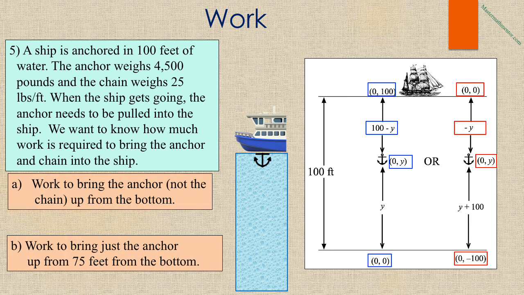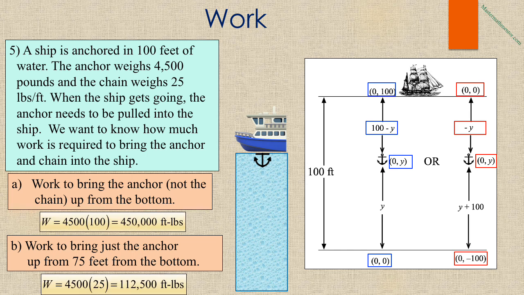Regardless of how we set it up, we would like to determine how much work is done in bringing the anchor, not the chain, up from the bottom of the ocean, and also the amount of work needed to bring the anchor up from 75 feet from the bottom.